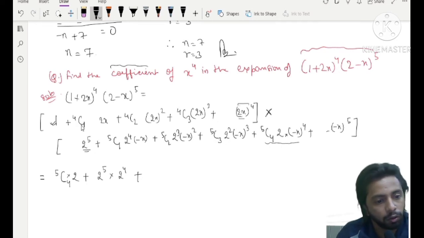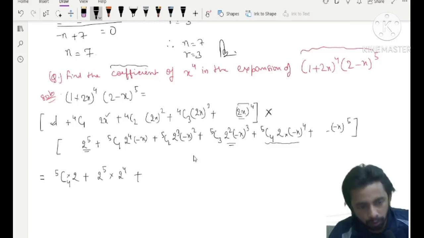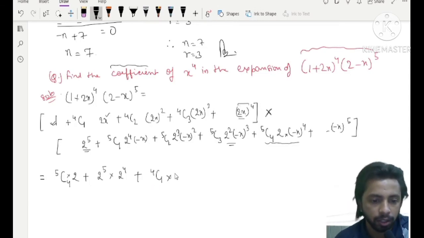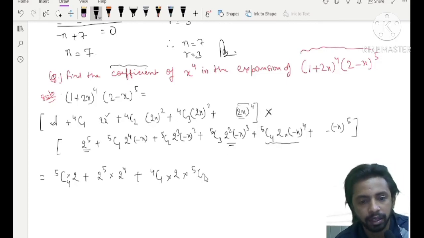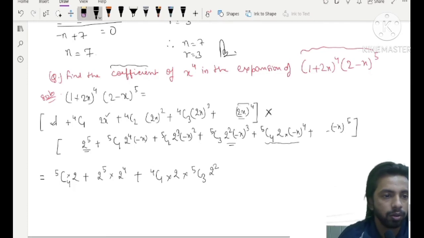4c1 into 2x. If x gets multiplied with x cube, what you will obtain? x to the power 4. So that means we should have 4c1 multiplied by 2 multiplied with 5c3 into 2 square, but with a negative sign, because minus x to the power 3 will be a negative number. So I am making this a negative number.